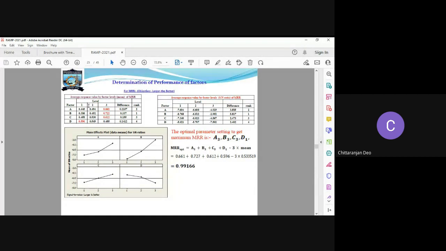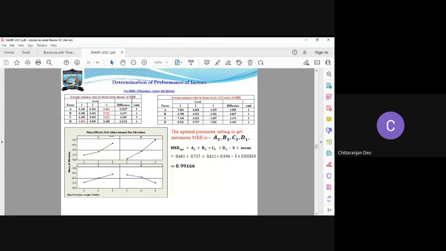Here factor B is ranked 1, factor A is ranked 2, C as 3, and D as 4. So the optimal setting is A3, B3, C3, D1, which can also be seen from the main effect plot of the SN ratio.